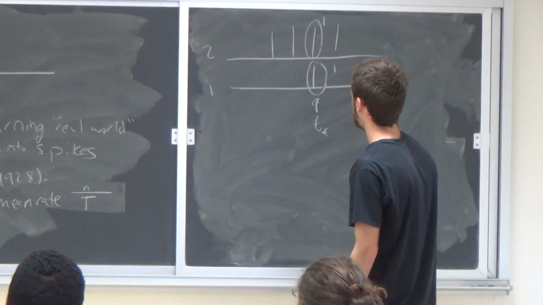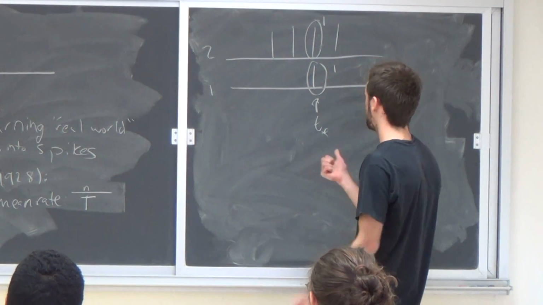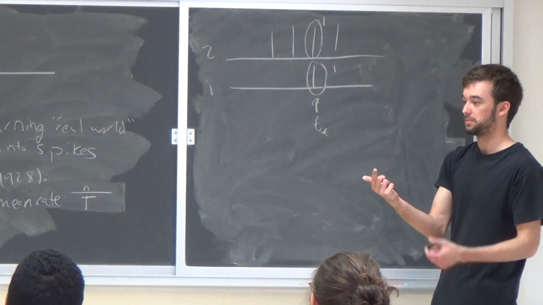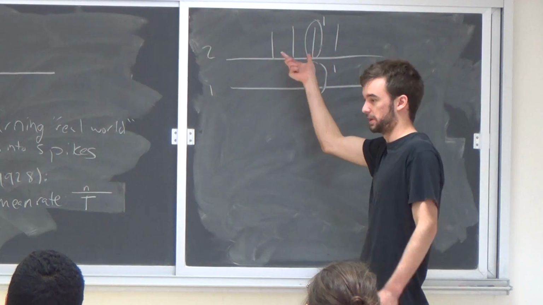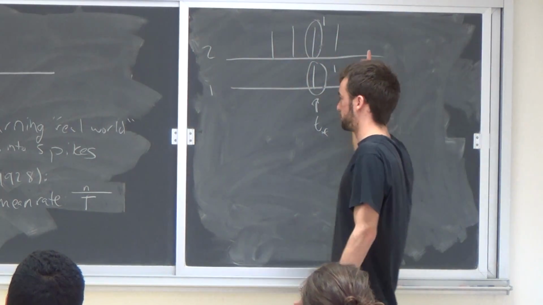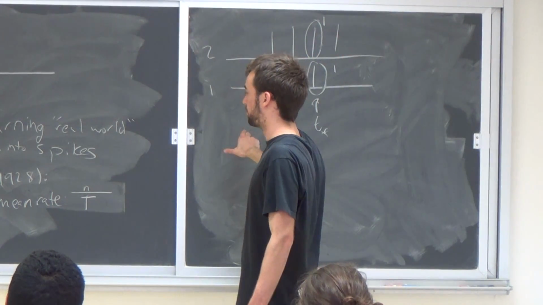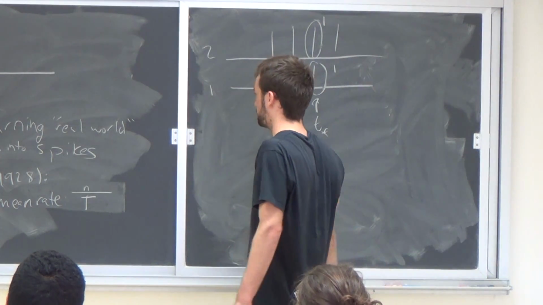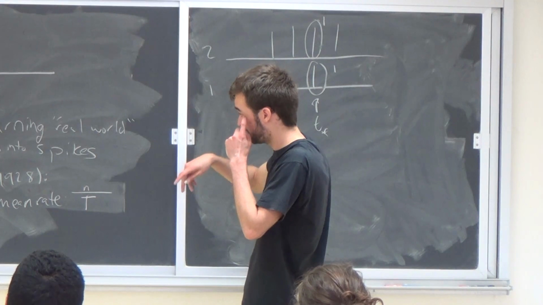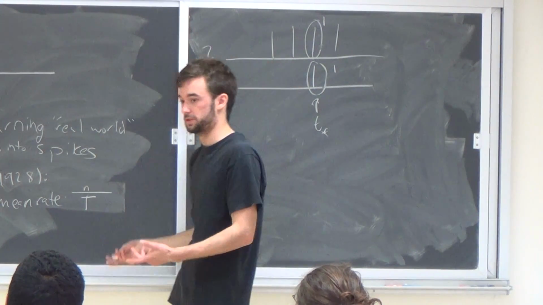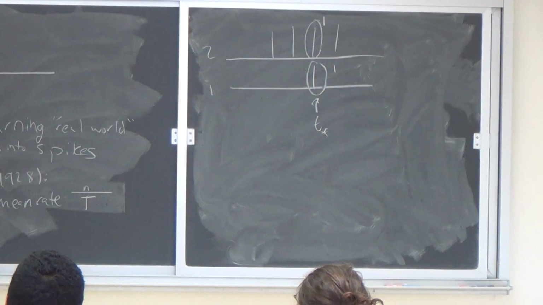What really matters is the rate at which you're firing and the time in between the spikes. So now I'll give you two slightly more complete encoding models, but both have some issues. And then we'll talk about populations of neurons encoding.